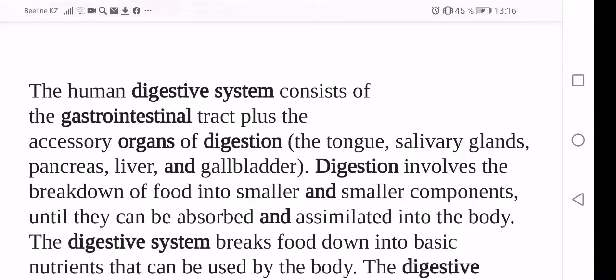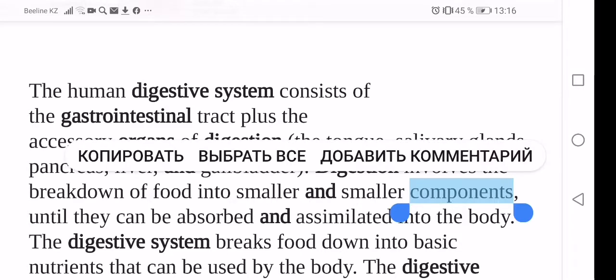Digestion involves the breakdown of food into smaller and smaller components until they can be absorbed and assimilated into the body. The digestive system breaks food down into basic nutrients that can be used by the body.